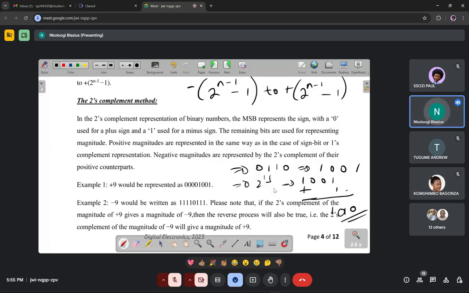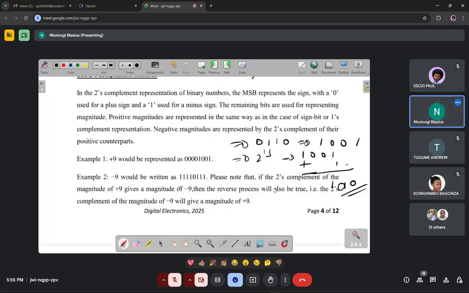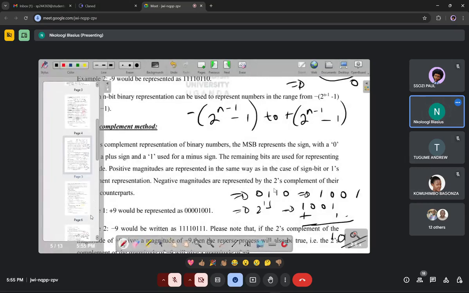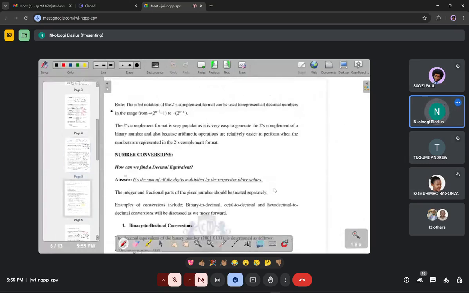So we want to see what now this states in terms of the formula.